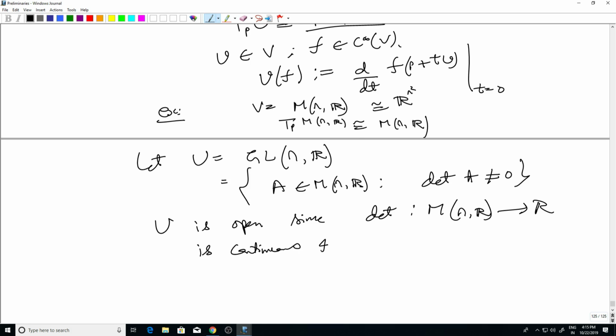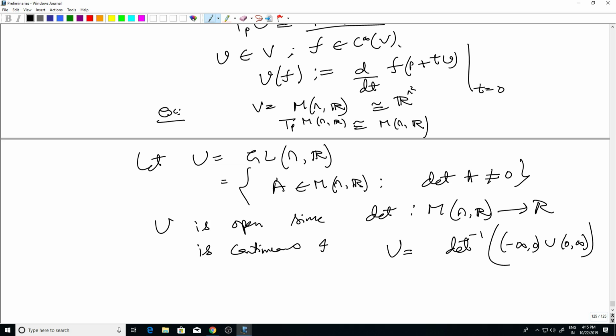And U is nothing but the inverse image under det of the interval minus infinity to 0 union 0 to infinity. So this is an open, disconnected subset of R. It's a continuous function, so the inverse image of an open set would be open.